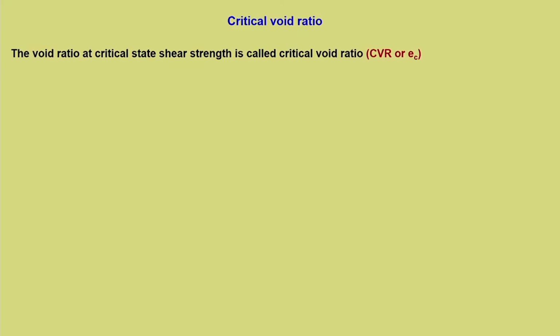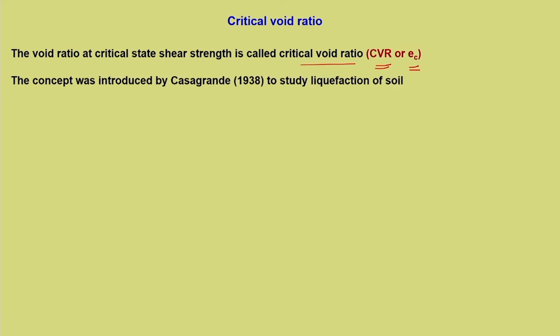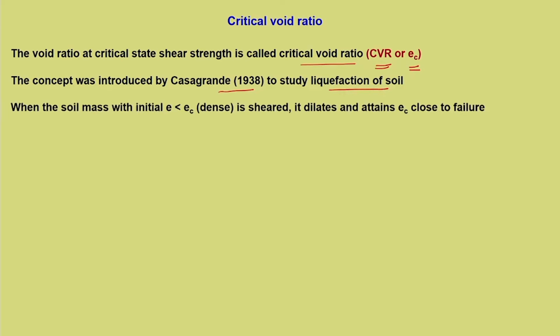So, now we will come to the next concept, what is known as critical void ratio. It is the void ratio at critical state shear strength, and it is called critical void ratio CVR or EC. Now, what is this critical void ratio? This concept was introduced by Casagrande in 1938 to study liquefaction of soil.